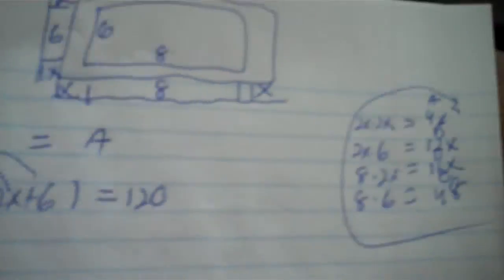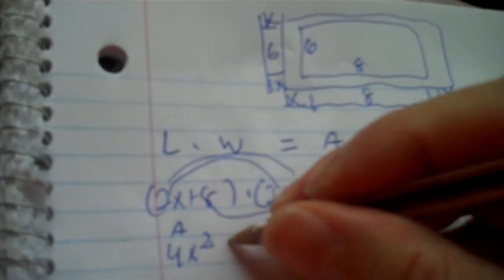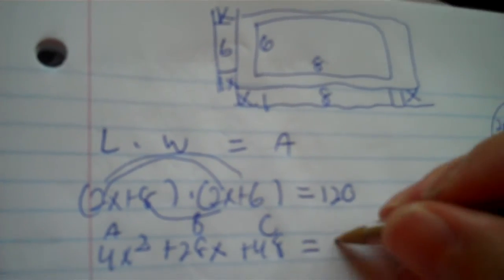That's going to be 12x, 16x, and then 48. So that's an A. These are both B's, and that's a C. So add your B's. So you have 4x to the second as an A. Add your B's, 12 plus 16 is 28x, that's a B, plus the 48, that's a C, equals 120.